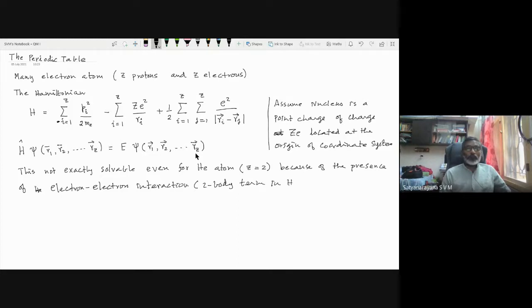If you see, the first term and second term will depend only on i. Only this term will depend on i and j. That is the meaning of saying it is a two-body term.